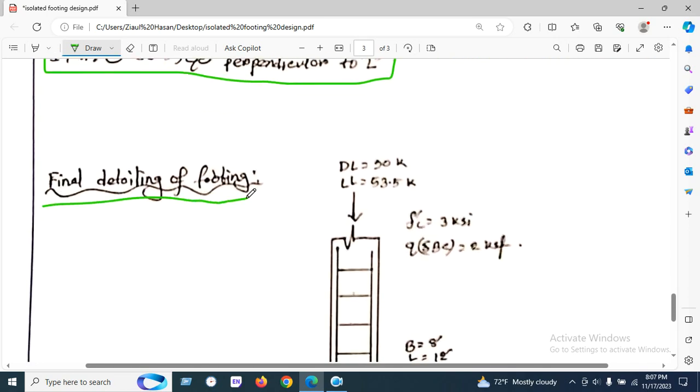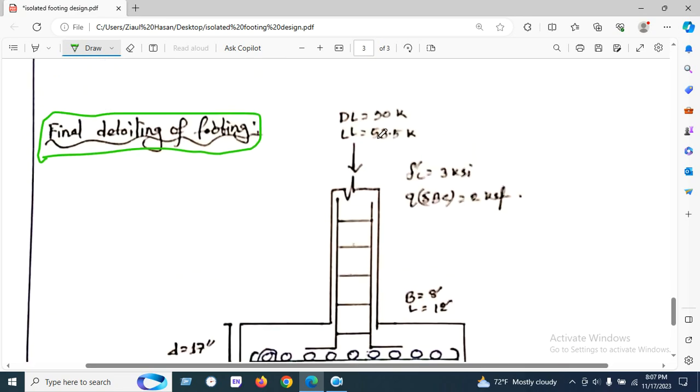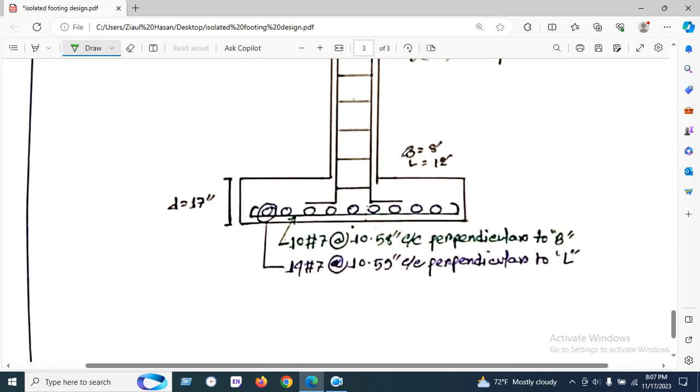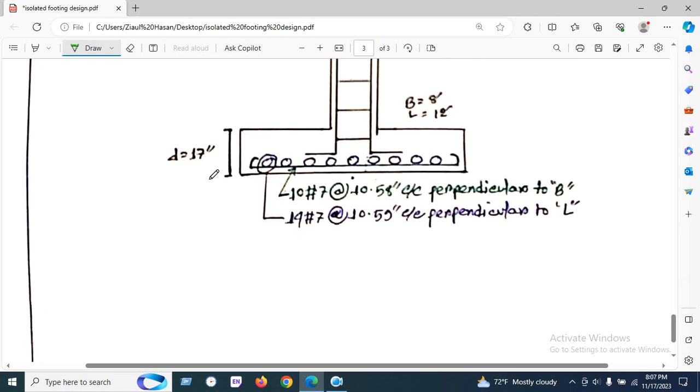The final detailing, if we want to draw this footing: the dead load was 19 kip and live load 50.3 kip, f'c was 3 ksi and soil bearing capacity 2 ksf. Our footing width was 8 feet, length was 12 feet, and depth we found was 70 inches.